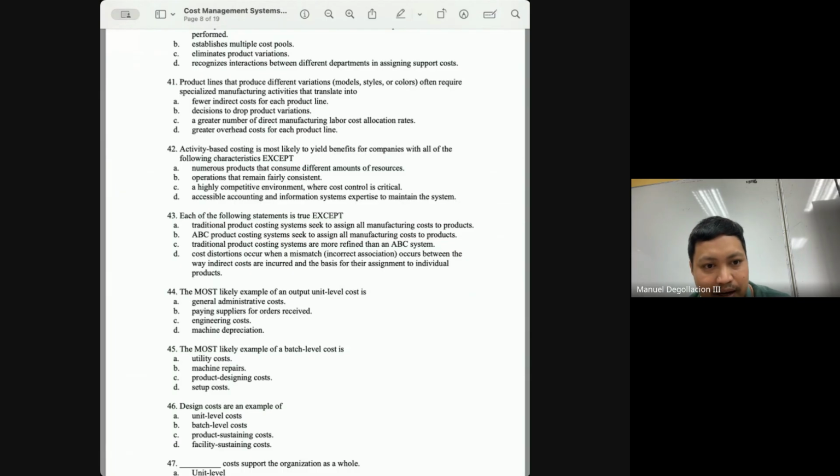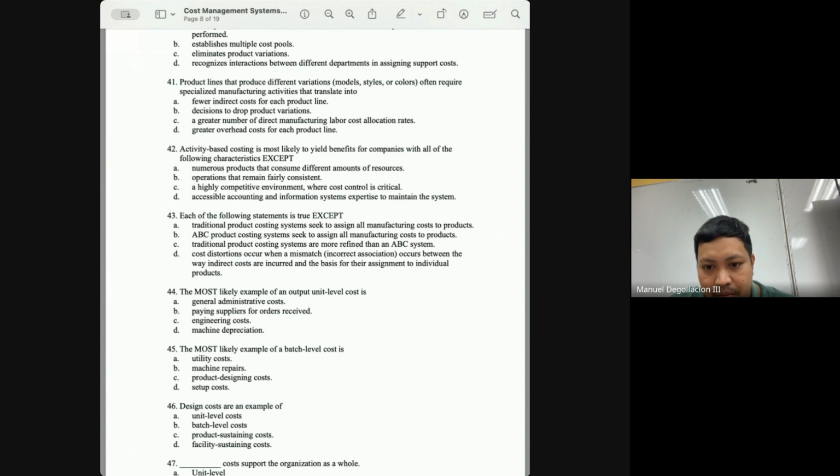44, the most likely example of an output unit level cost is output unit level. General administrative cost, paying suppliers for orders received, engineering cost.